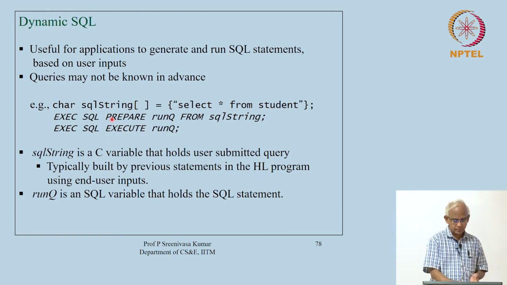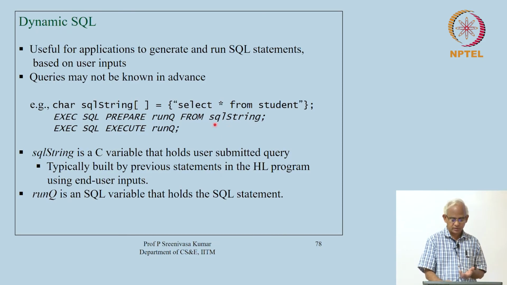Okay. So, I will show you some. Basically, what prepare does is to take a string, we called it SQL string here, but you can call it anything, and then treat it as a query.